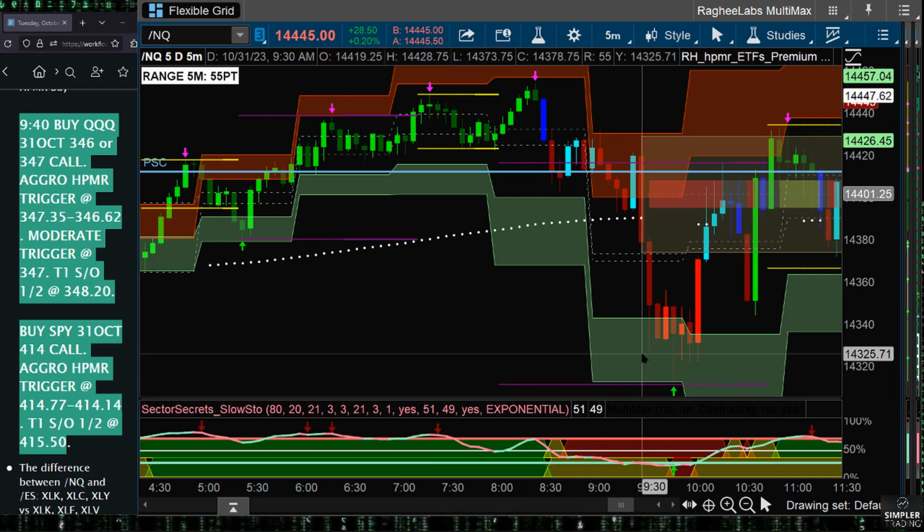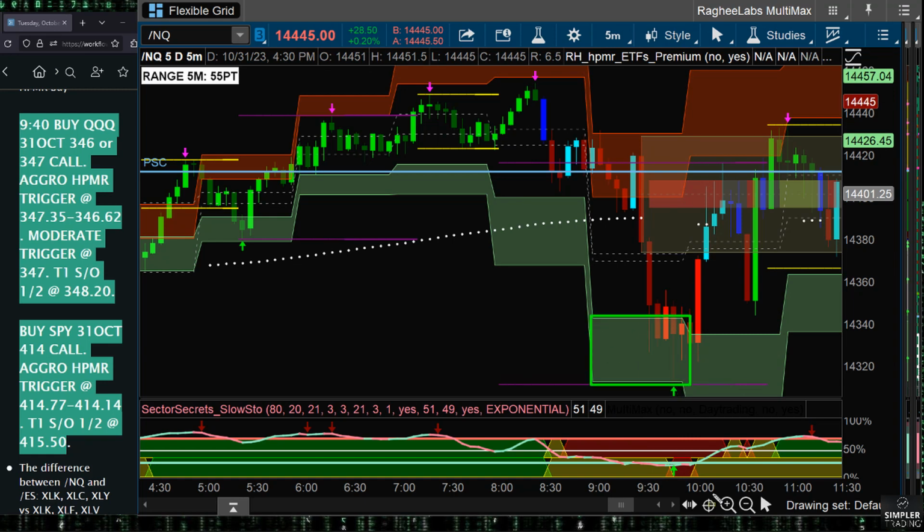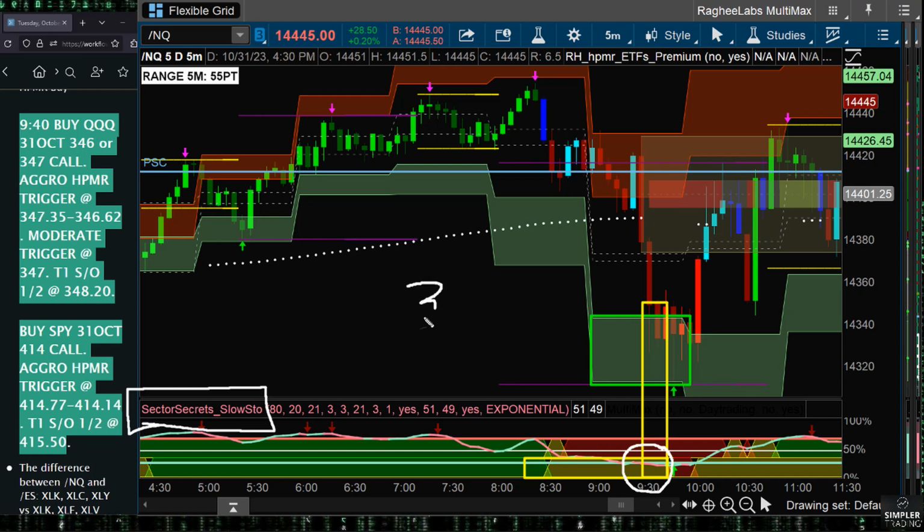So all I can do in this area, and it's not just the green zone, although that's a big part of it. Green zone, neutral to bullish environment as we were trading down into that area. And right in here, I've got an oversold slow stochastic. Those 3 criteria lend themselves not to an ideal buy.